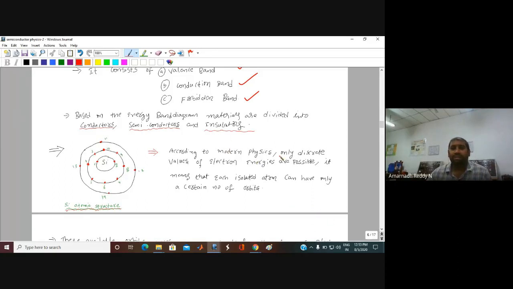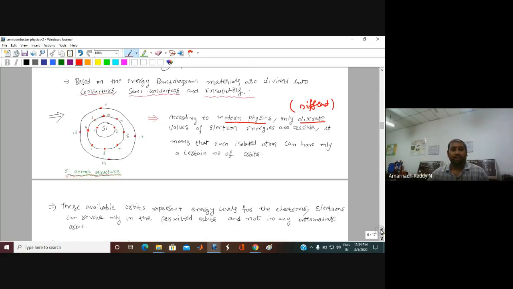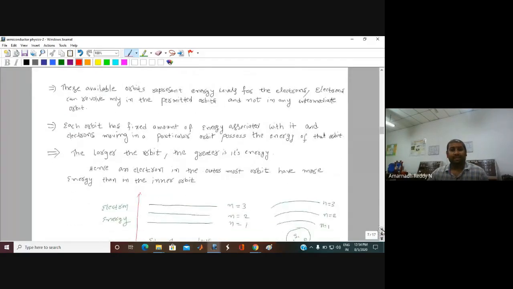According to modern physics, only discrete values, different values of electron energies are possible. It means that each isolated atom can have only a certain number of orbits. It's just a little bit of theory.